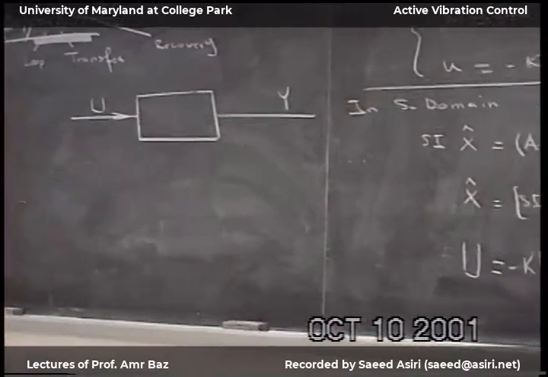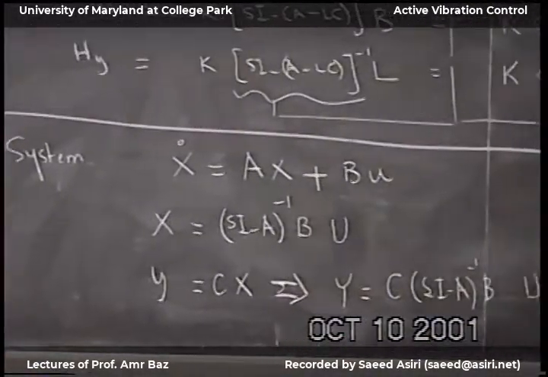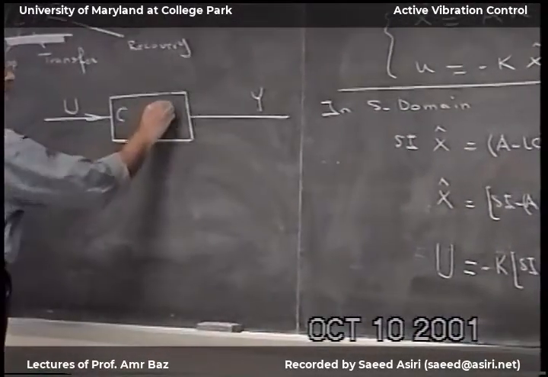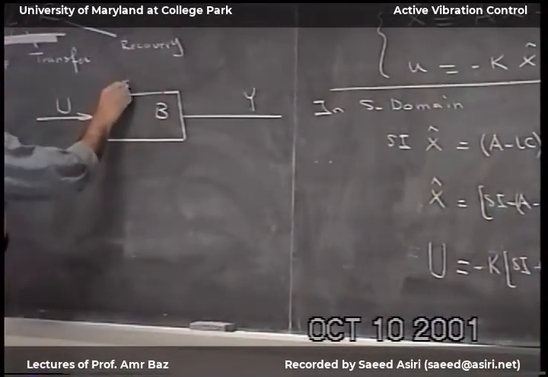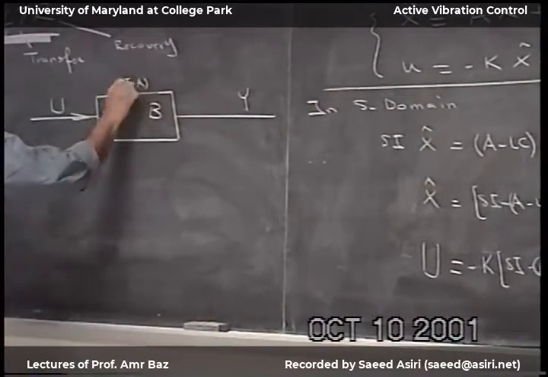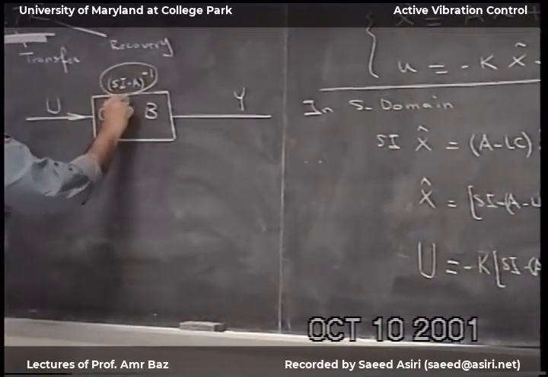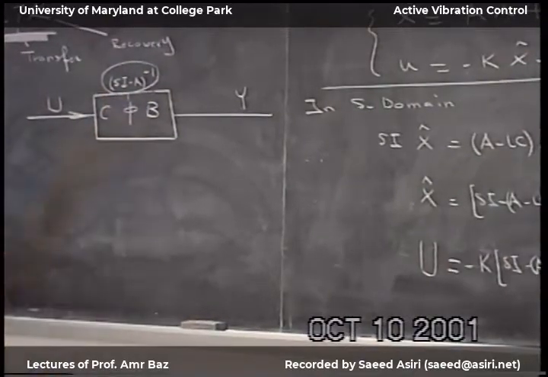From the bottom equation, we have C, and then (sI minus A) inverse, and then B, and I'm going to call this phi.